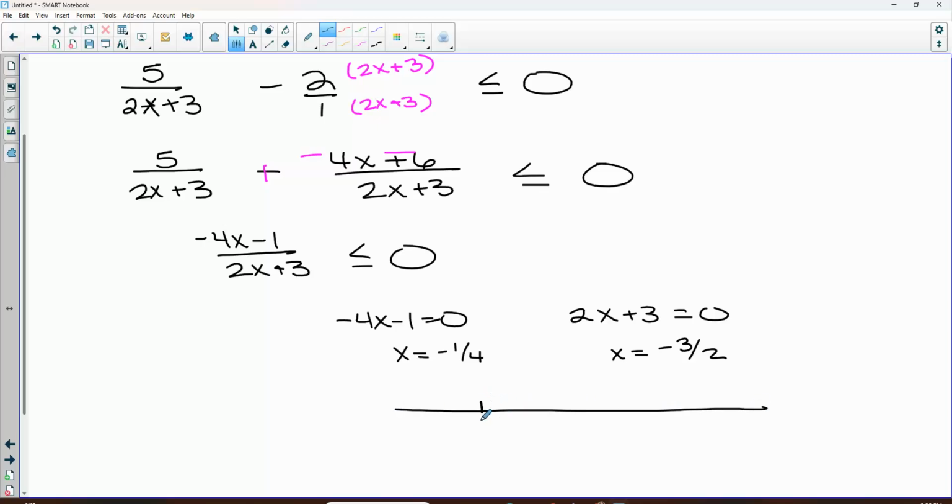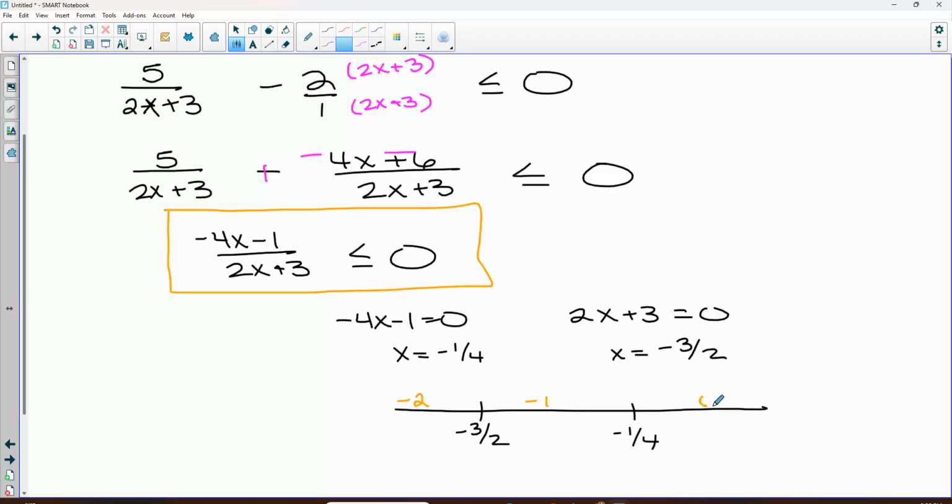A number line. Put the smaller one on the left, so that's -3/2, and then -1/4. I am plugging these things in back up here. Right, we need test points, so smaller than -3/2, so maybe a -2. In between them, maybe a -1, and then bigger, maybe 0.